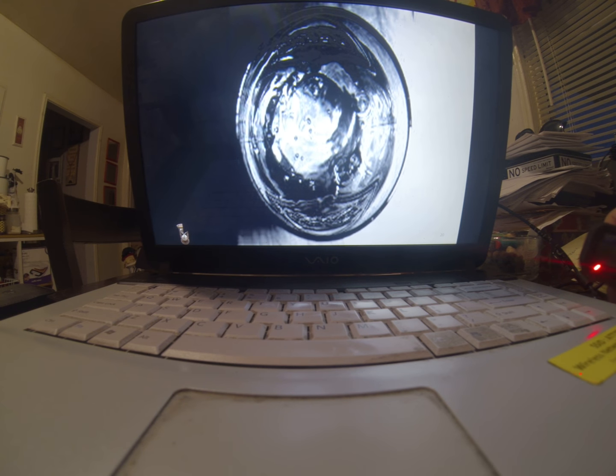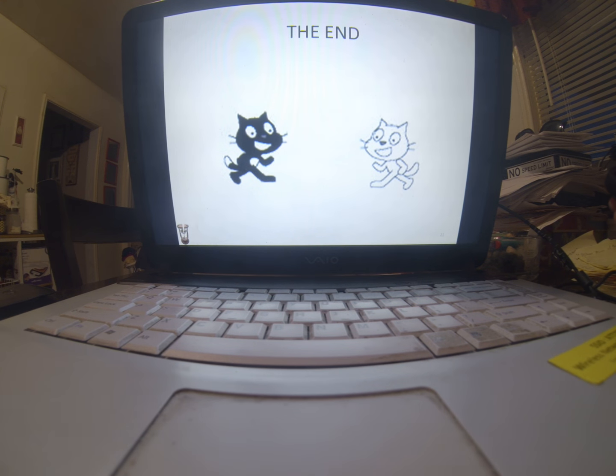And now there it is. We have a cup right there full of water, and that can resemble what the volume represents. And all this should be easy for the students to do using Scratch.